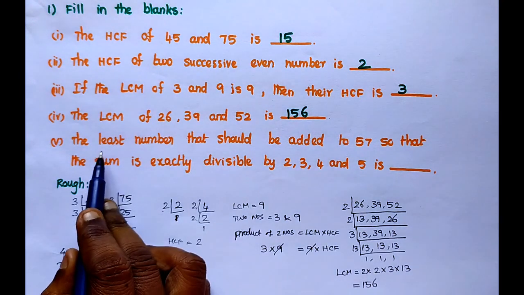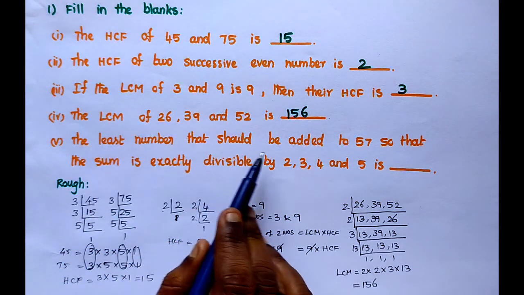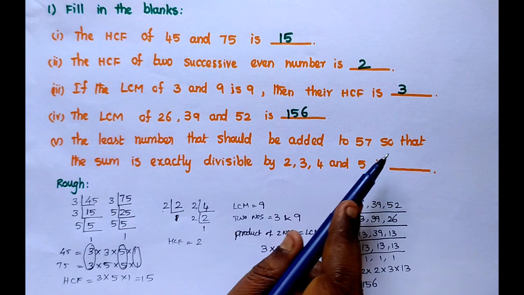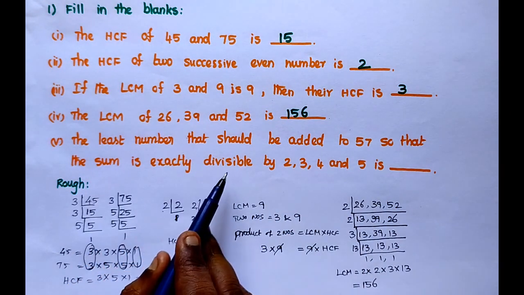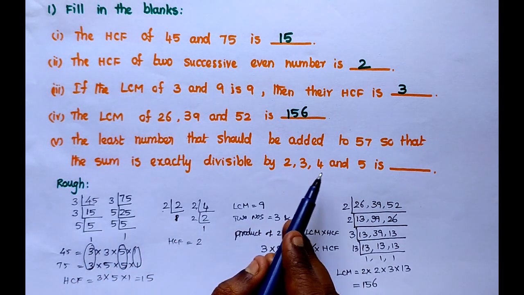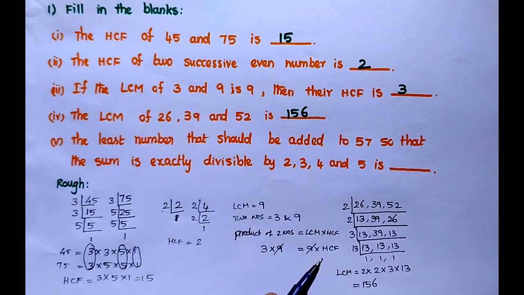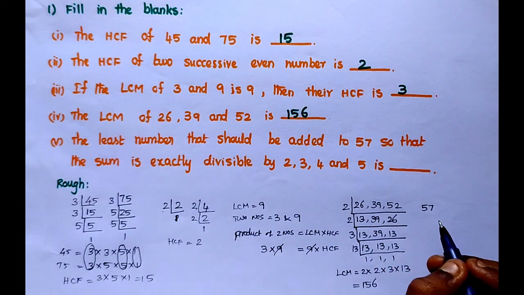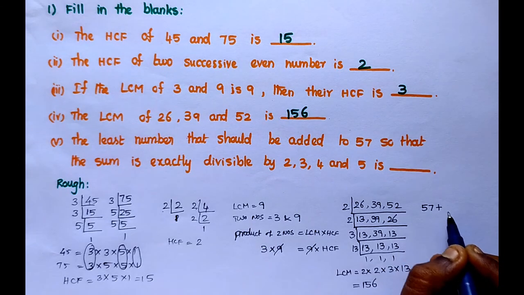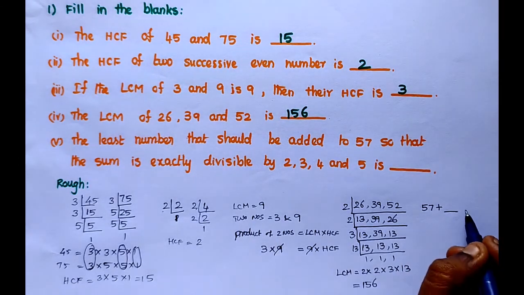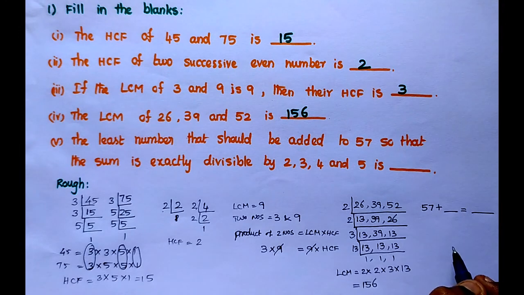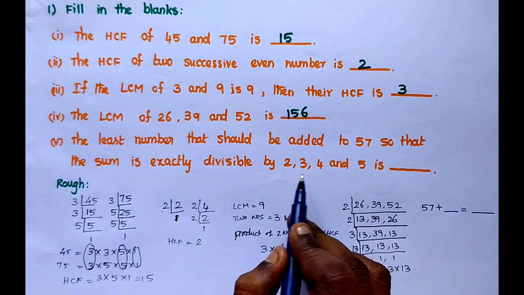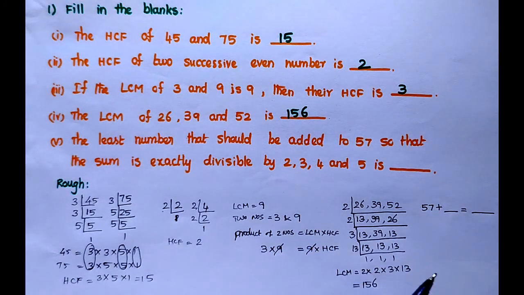And then last one, the least number that should be added to 57 so that the sum is exactly divisible by 2, 3, 4 and 5 is dash. Least number added to 57, we get a number that is divisible by 2, 3, 4 and 5.